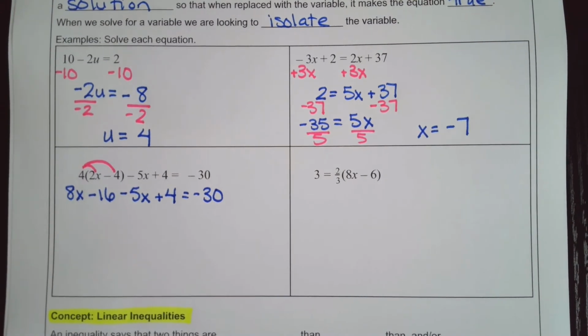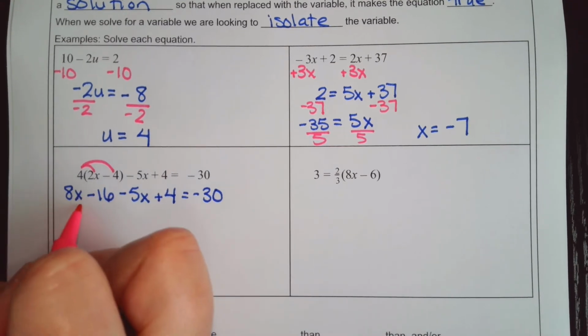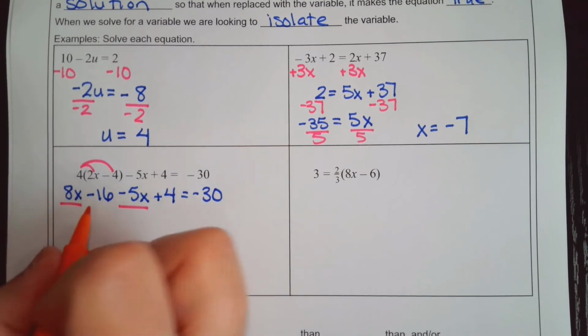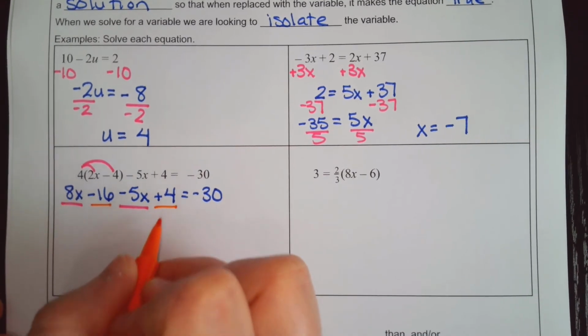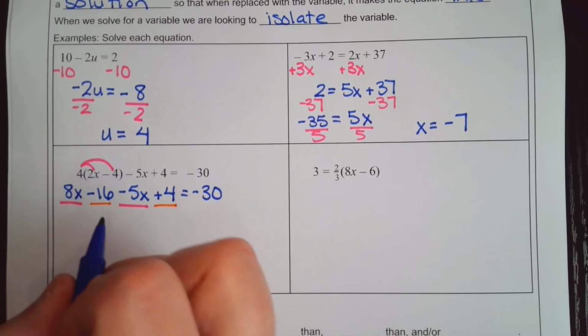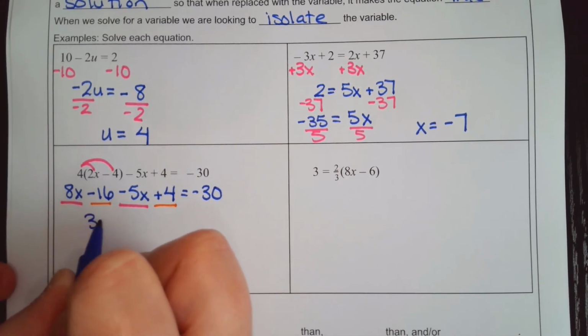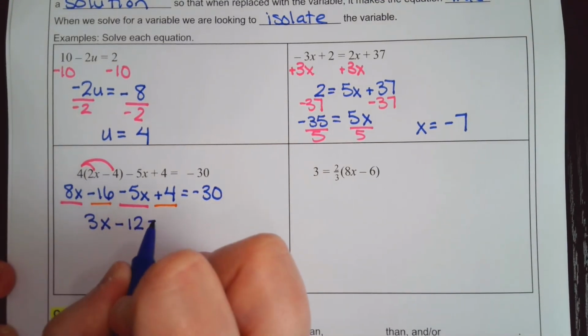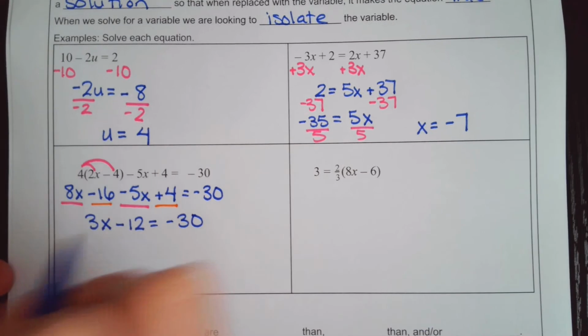Now, before we can do any isolating, we need to combine like terms. So 8x gets combined with minus 5x. Negative 16 gets combined with plus 4. So when we do that, we end up with 3x minus 12 is equal to negative 30.